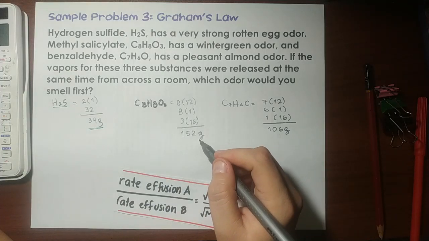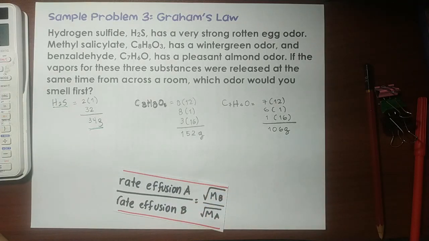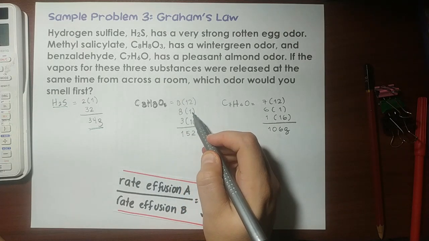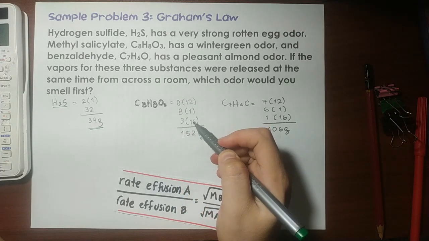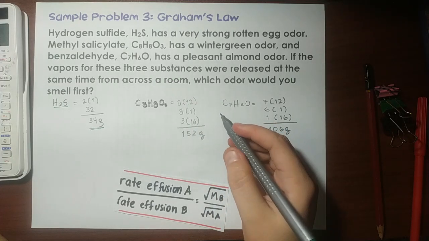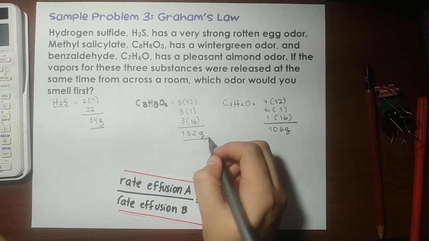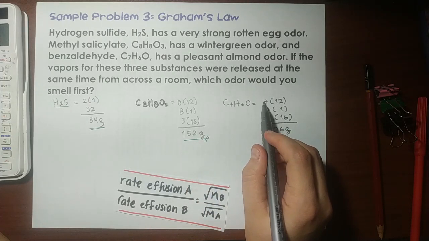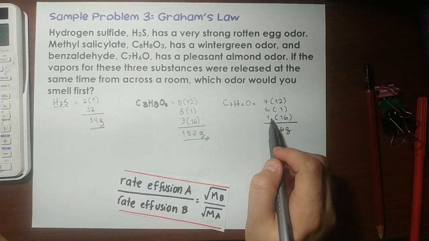Let's go to methyl salicylate. You have 8 carbons plus 8 hydrogens plus 3 oxygens, a total mass of 152 grams. And then you have benzaldehyde, 7 carbons, 6 hydrogens, and 1 oxygen.